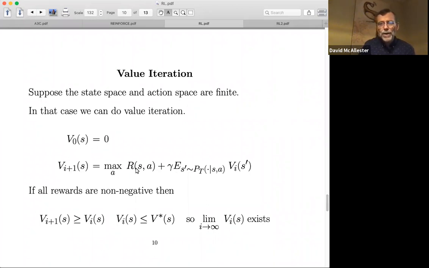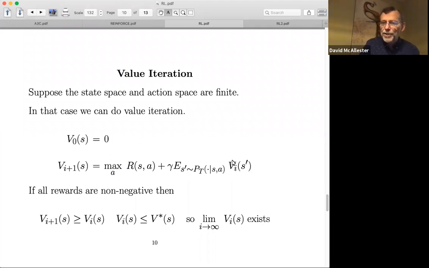So when you take this max, you're using the value function you already computed, right? Which is initially 0. So you're taking something that you already know here, and you're optimizing your action at a given state to optimize this, where you're using what you already are estimating for the future state.